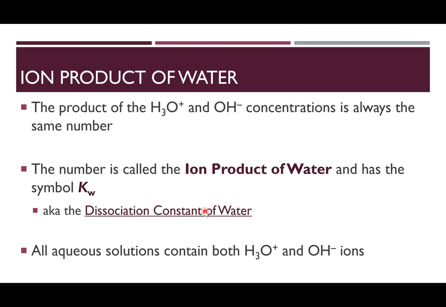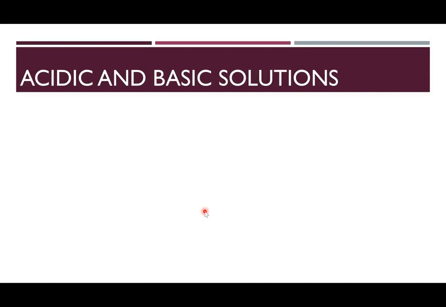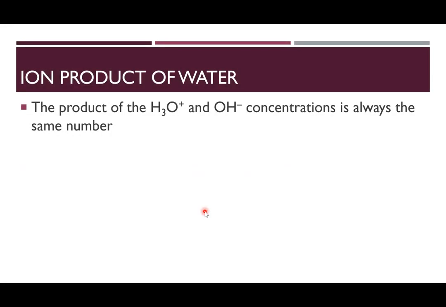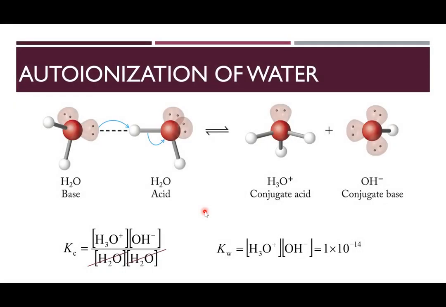So what does this have to do with anything that we've been talking about? Well, this is going to lead us directly into this idea of pH. Now we can apply what we know to acidic and basic solutions. One more thing to point out before we step forward is this equation right here. This is going to be kind of our baseline.